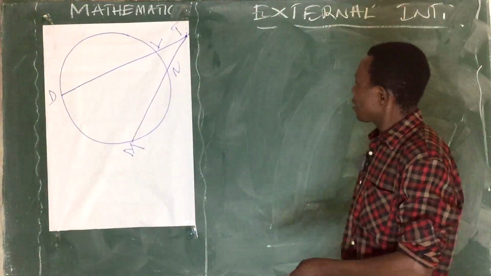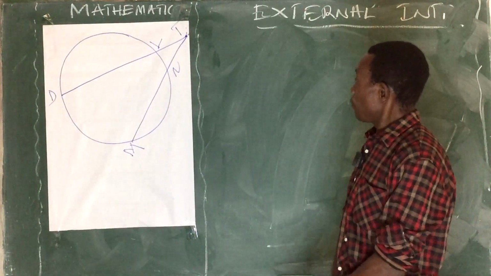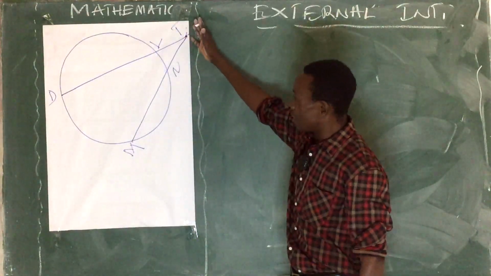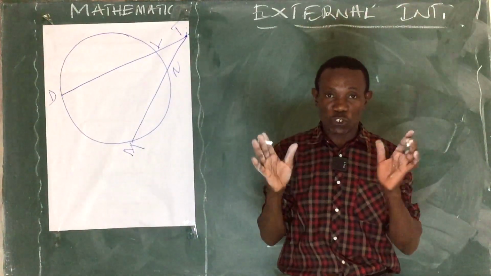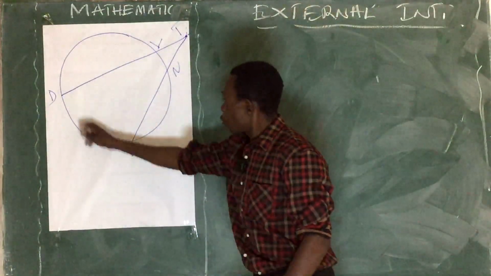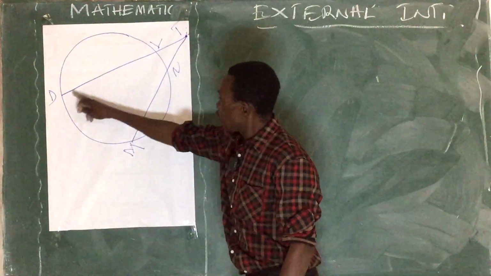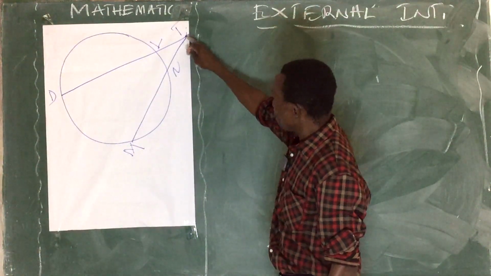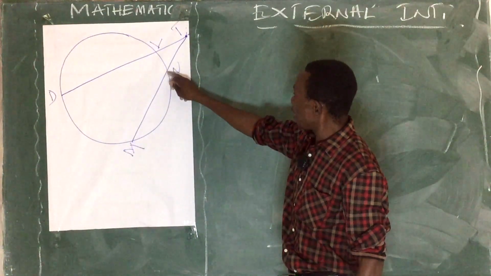Now, what is it that we need to know about that? Definitely, you'll appreciate that by extending these chords outside, these chords are already split into two parts each. We have chord DT split into DV and VT, and chord MT split into MN and NT.